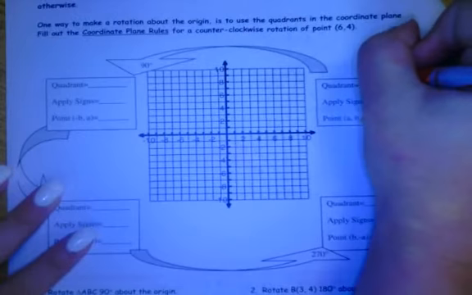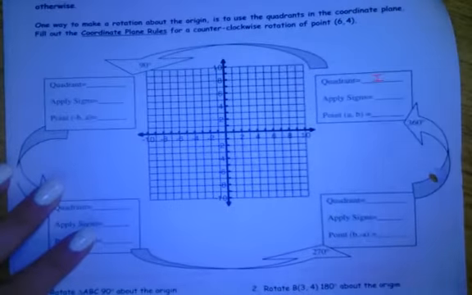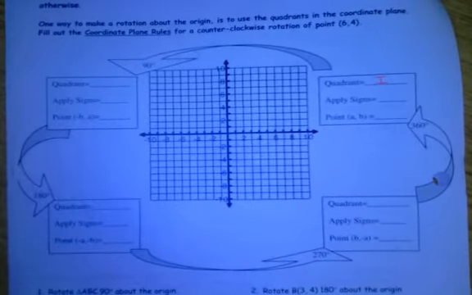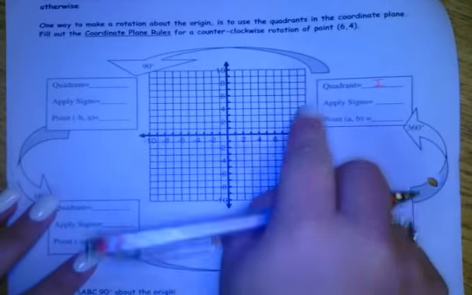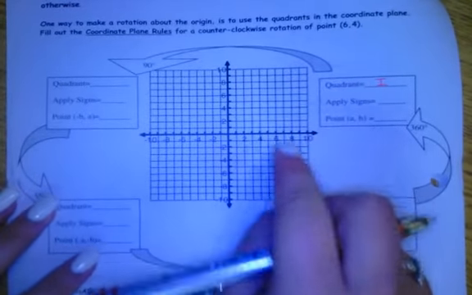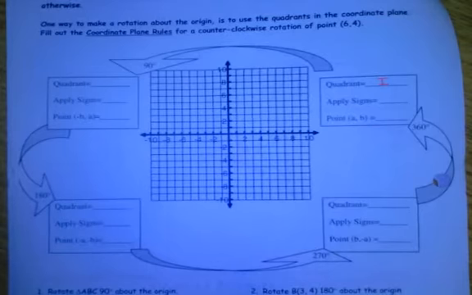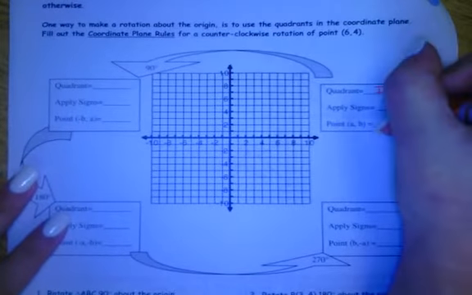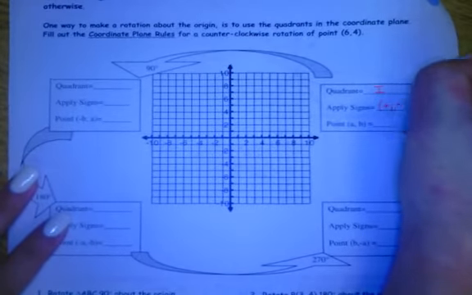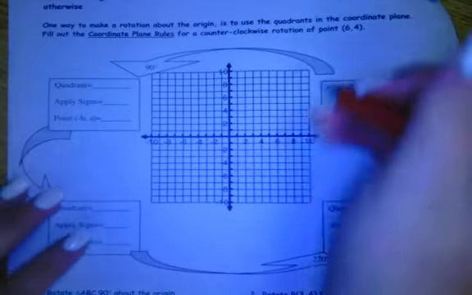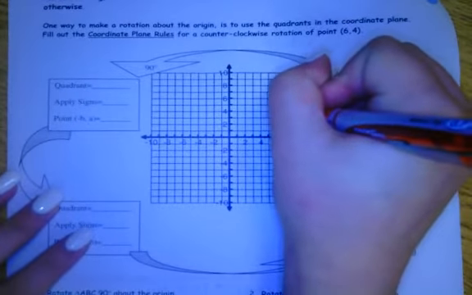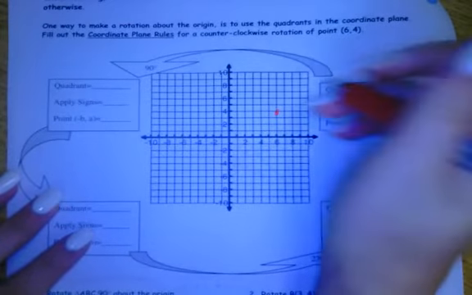Quadrant 1 is where we are starting. What are my signs, meaning positive and negative? Okay, what are my signs and my x and y values in quadrant 1? Positive, positive. Okay, let's take the point, 6, 4.